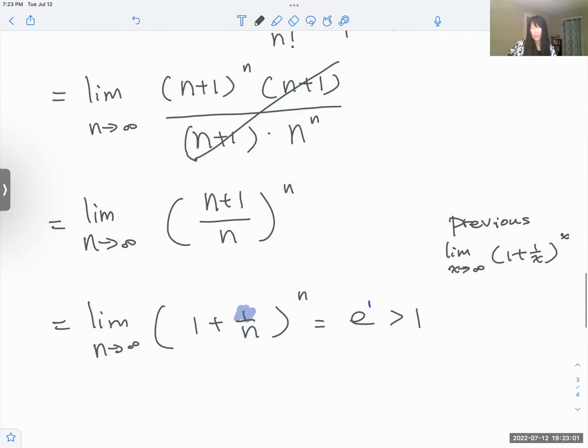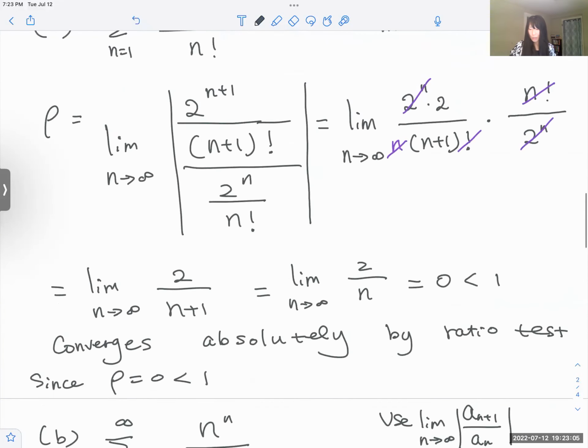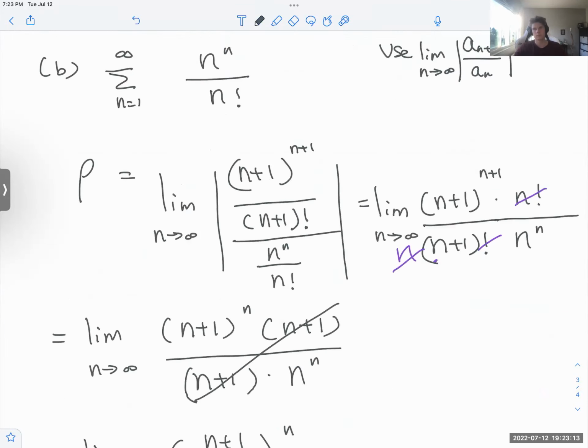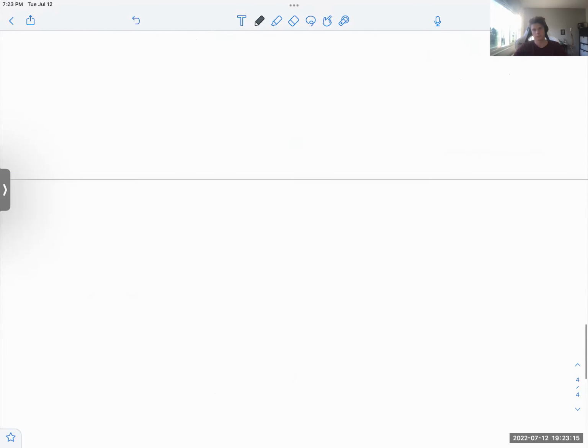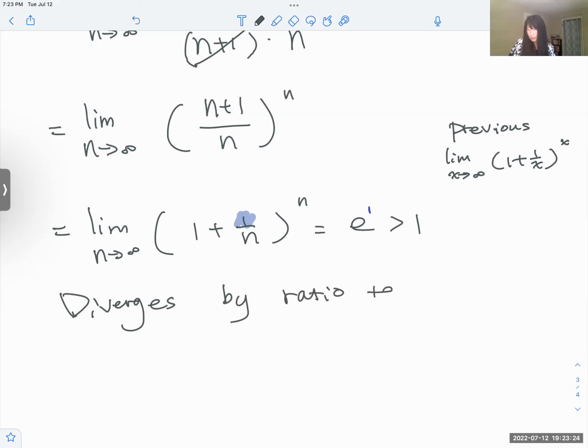Okay, so if the rho is greater than 1, how can we determine it diverges? Diverges by the ratio test, since rho is equal to e, greater than 1.